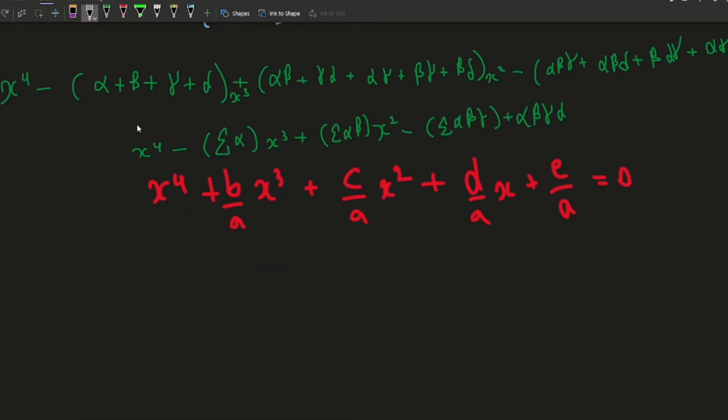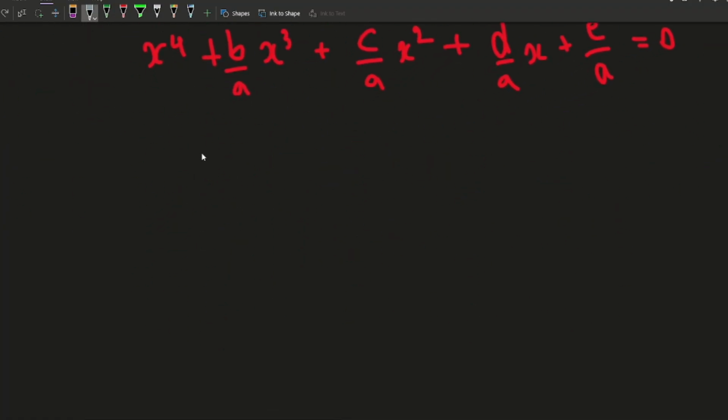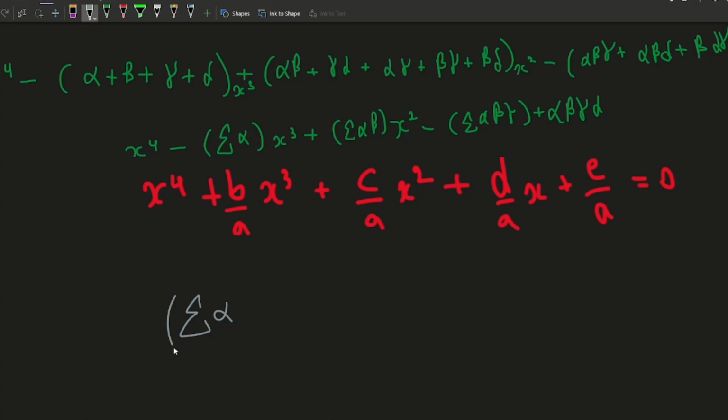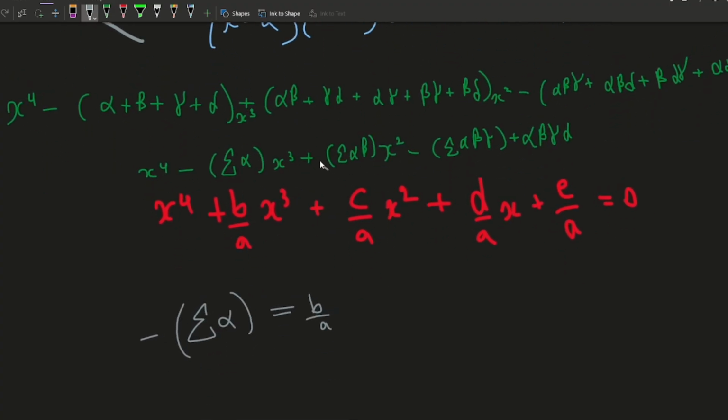So let's write that down. Okay, summation of alpha, I forgot to write minus, it is equal to b over a. Now, summation of alpha beta is equal to c over a.